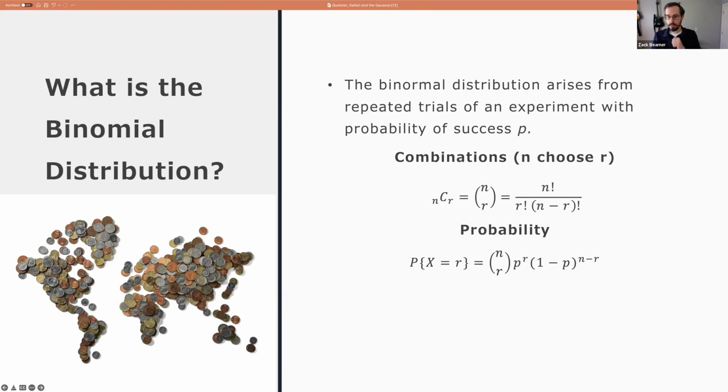So we're going to take P to the power of R, and then we're going to multiply that by the probability of failure, 1 minus P, and take that to the N minus R, because that's going to be the number of failures. So this is a nice little formula that produces the likelihood of getting a given number of successes in one of these coin flip like scenarios.